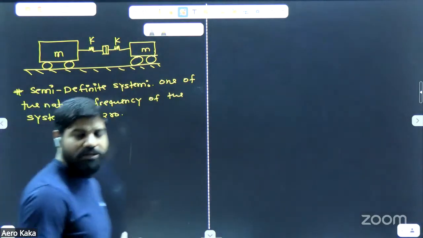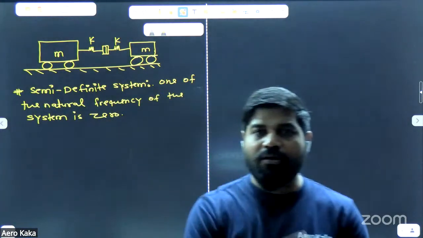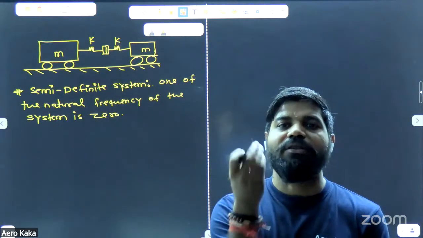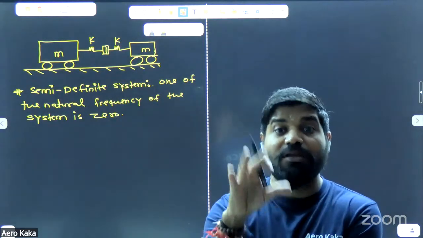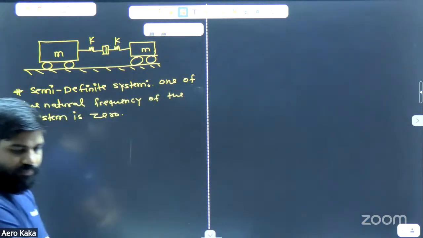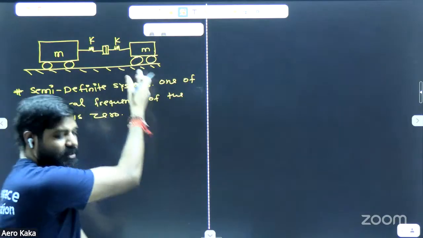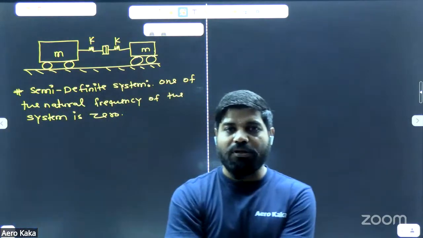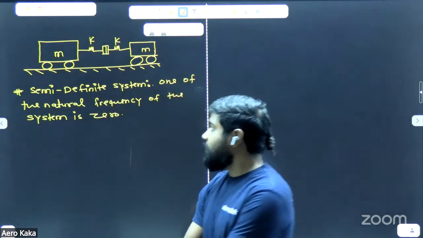That is, the system will not vibrate when the frequency is zero. It means that particular mode represents rigid body motion. Which one? Rigid body. Please take care of it. So we have to design the bogies based on this particular concept only, semi-definite.